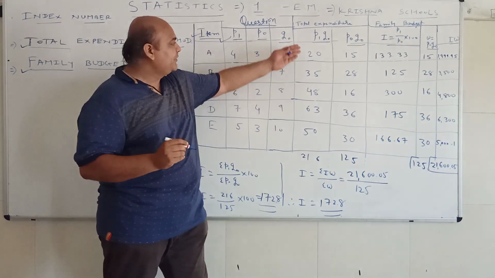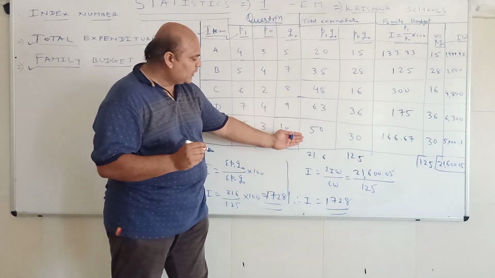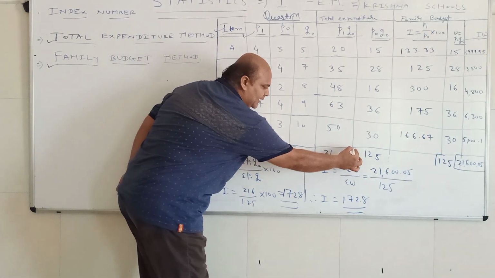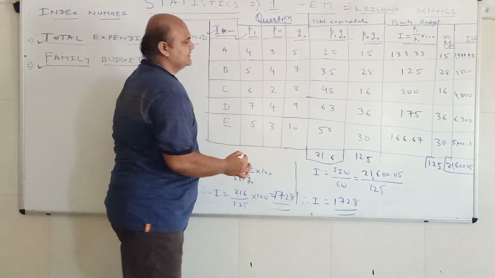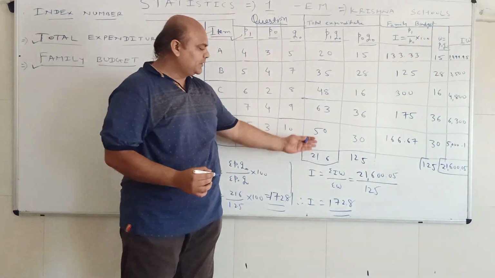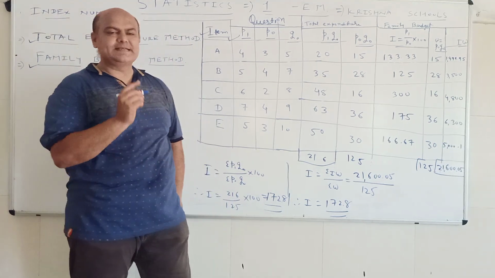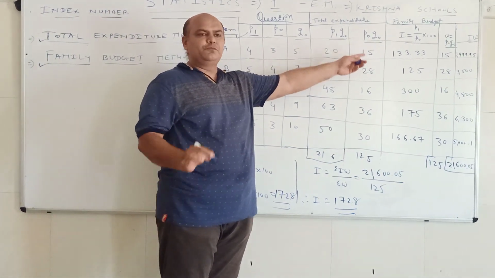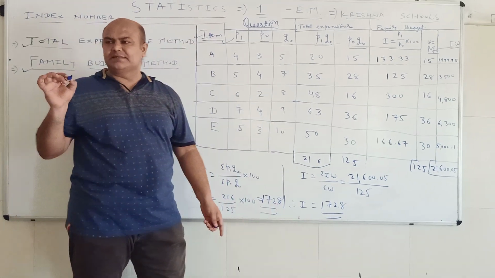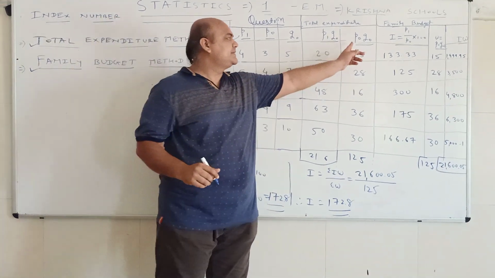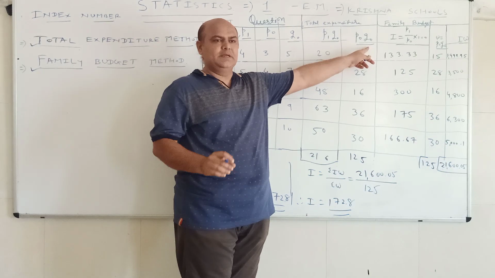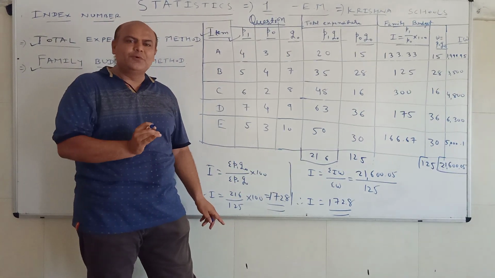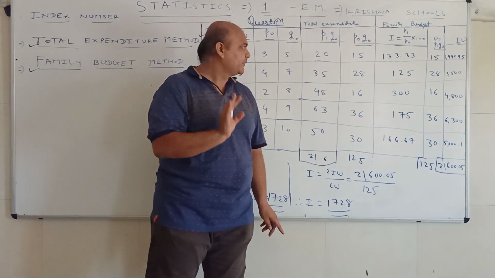After that, we have to do the total of the column of P1 Q0, and that total is 216. Now another additional column for total expenditure method is P0 Q0, means multiplication of P0 with Q0.